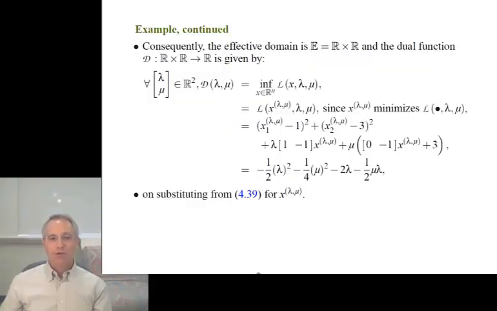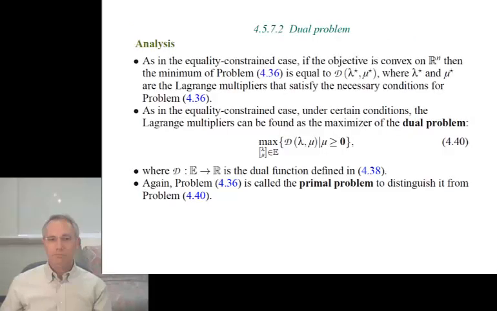If I substitute that back into the Lagrangian, I can evaluate the dual function for any particular value of lambda, and that gives me minus a half lambda squared minus a quarter mu squared minus 2 lambda minus a half mu lambda. The dual problem is to maximize over the lambda and mu in the effective domain the dual function subject to mu greater than or equal to 0.